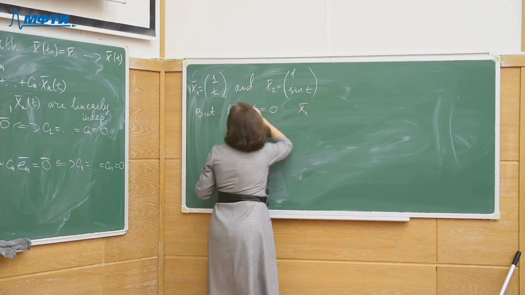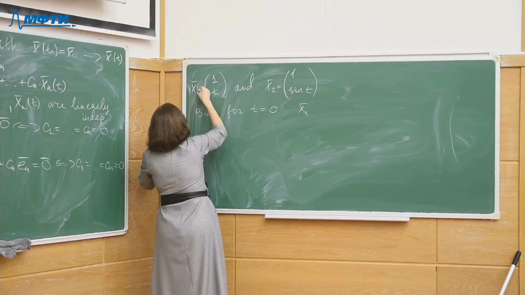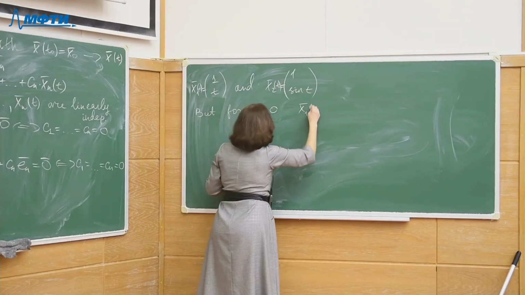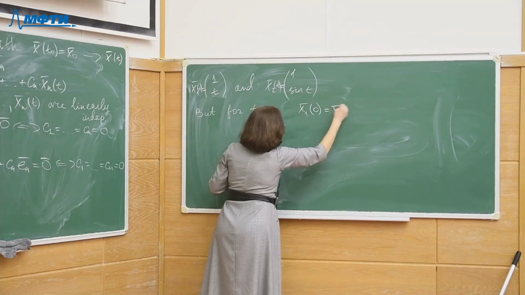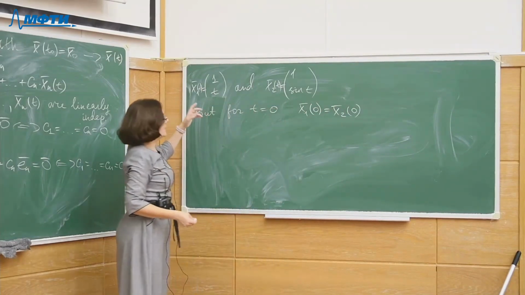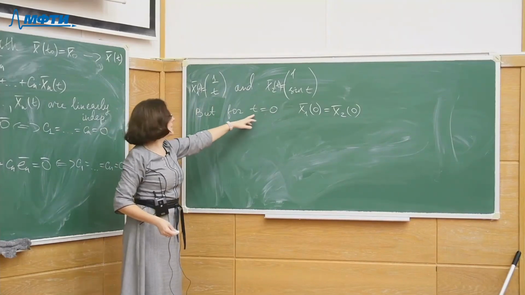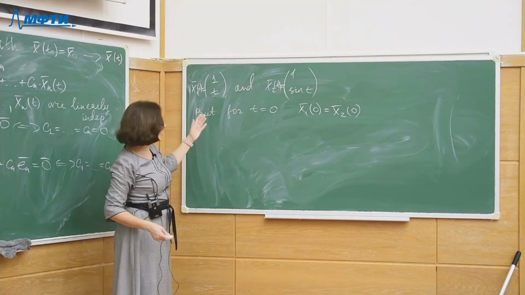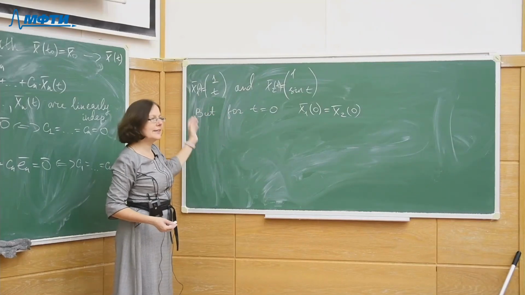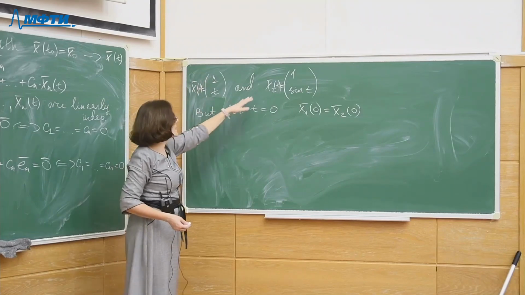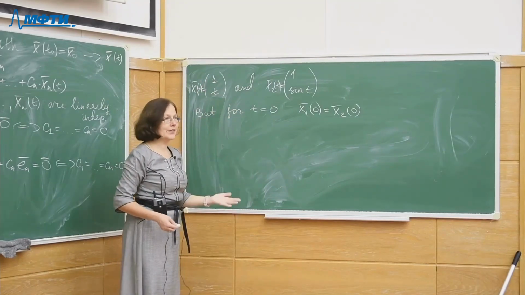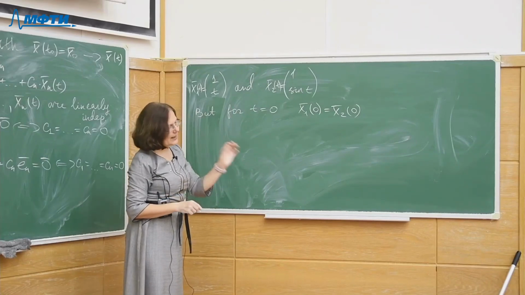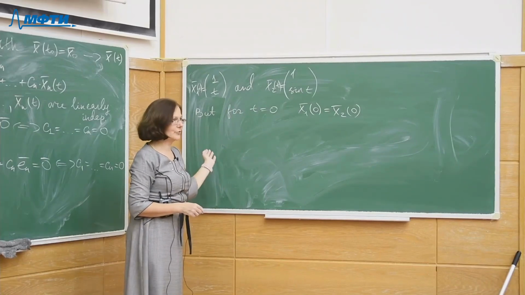At one value of the parameter, they are the same, but for other t, they are not the same, and they are linearly independent. They may be dependent for several values of t, not for all values of t.